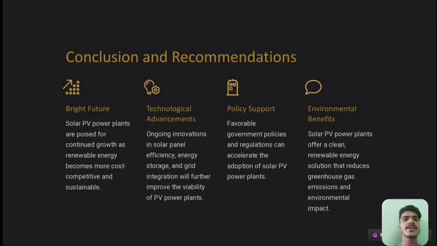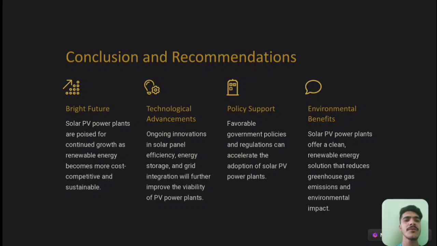The last one is conclusion and recommendations. Bright future: solar PV power plants are poised for continuous growth as renewable energy becomes more cost competitive and sustainable. Technological advancement: ongoing innovation in solar panel efficiency, energy storage and grid integration will further improve the viability of PV power plants.